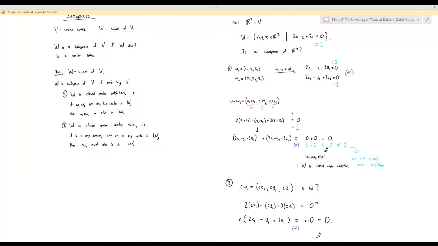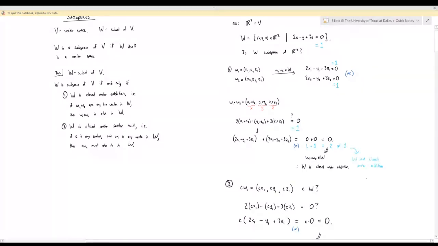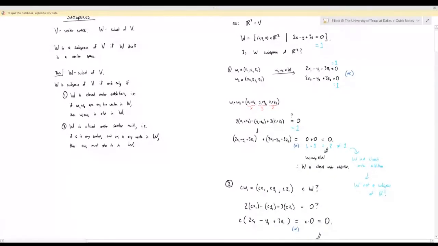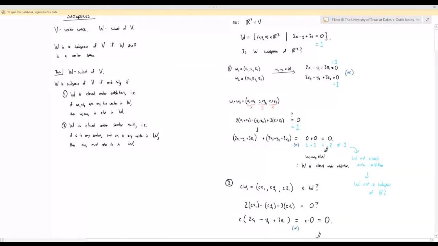And you don't even need to check the scalar multiplication, okay? All right, so that's good to note that changing the 0 to a 1 makes it no longer a subspace.